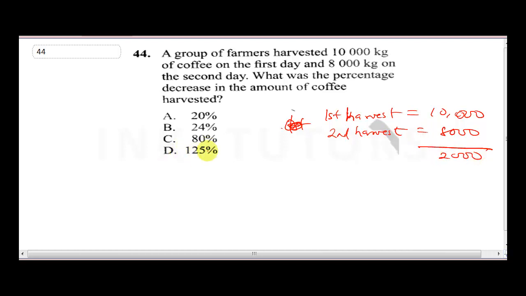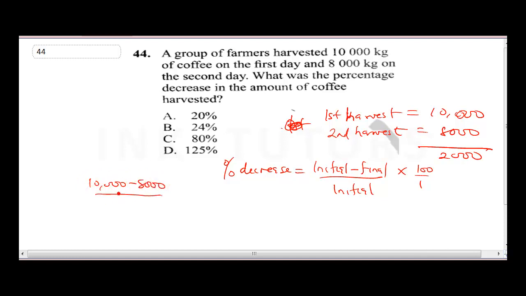So to get the percentage decrease, the formula is initial minus final, all over initial, times 100 over 1. That's 10,000 minus 8,000, which gave us a difference of 2,000, divided by 10,000, times 100 over 1.